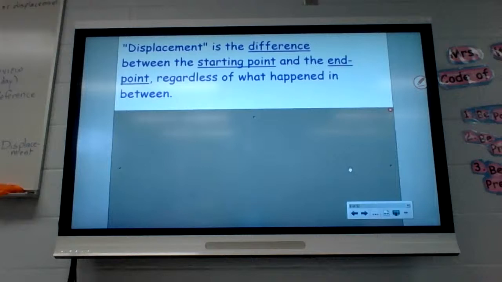Displacement is the difference between the starting point and the end point, regardless of what happened in between. Okay? Displacement is the difference between the starting point and the end point, regardless of what happened in between.